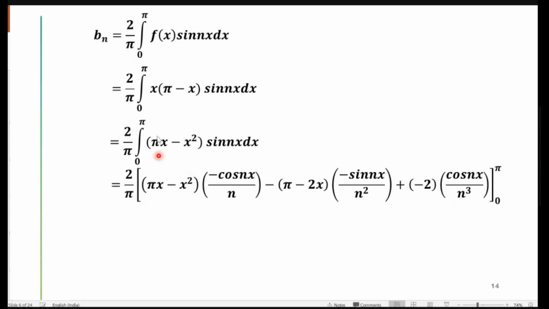First write u, integral v, minus the derivative of pi x minus x square, which is pi minus 2x, then the derivative of pi minus 2x, which is minus 2, with the integral of sine being minus cos, and then minus sine again, and then cos. We go on integrating the integral v function and differentiating the u function. Apply the upper limit and the lower limit.